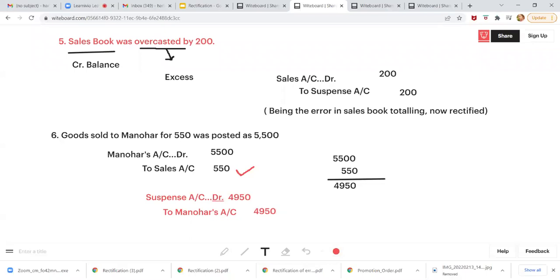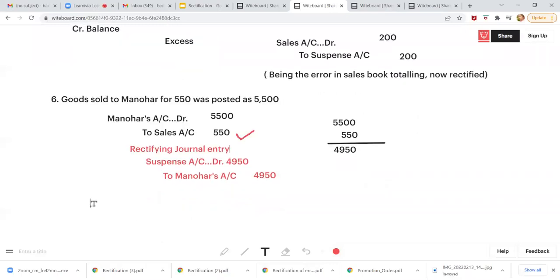So the rectifying journal entry will be suspense account debit to Manohar's account credit.